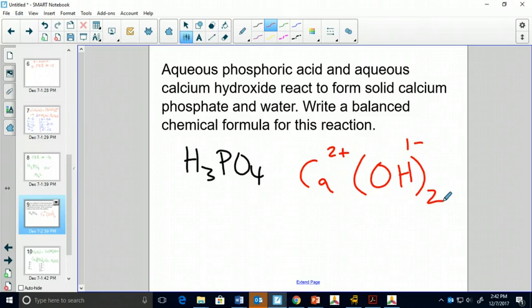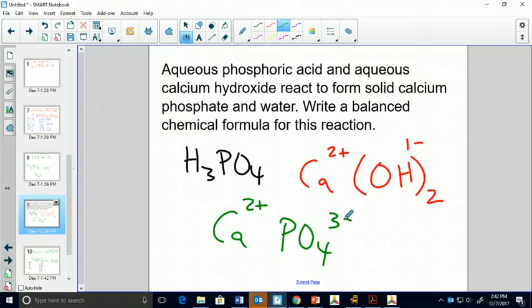So you can see right away that I'm going to need 2 of these, 2 hydroxides to balance that 1 calcium. On the product side, we have solid calcium phosphate. So again, calcium is a 2+, phosphate is a PO4 3-, and I need to balance these. So my 6+ and 6-, that's going to be my balance point.